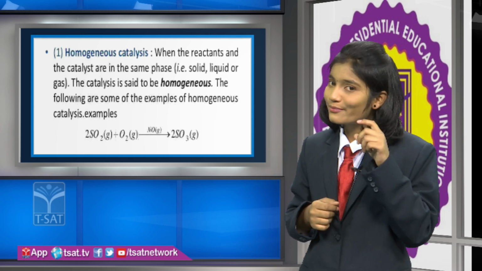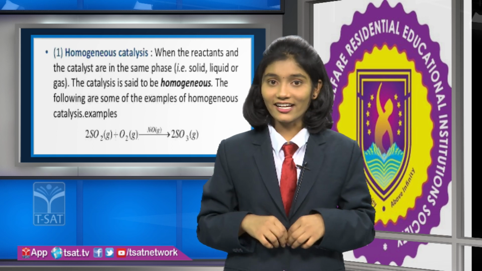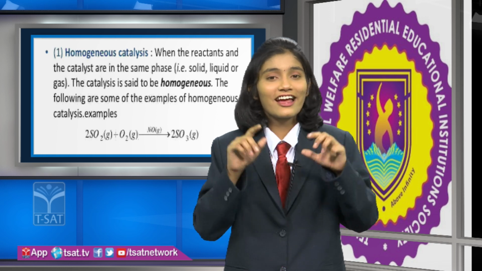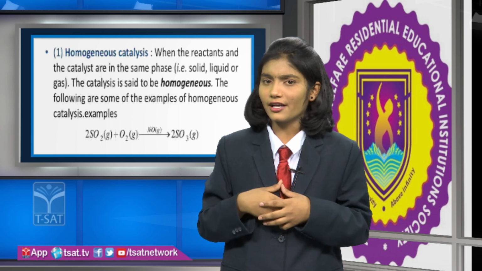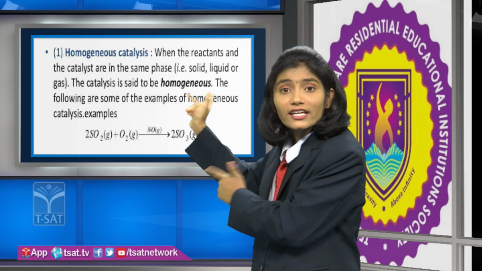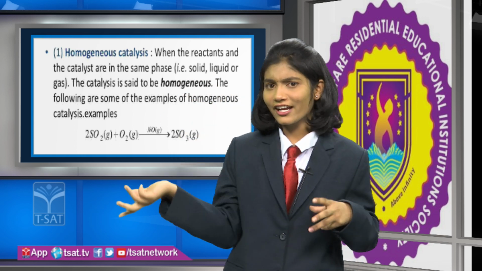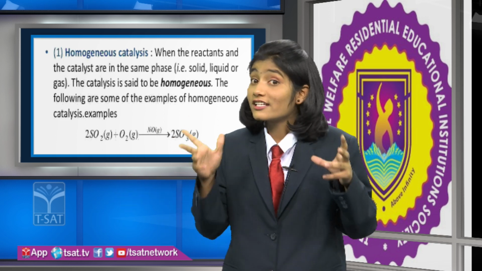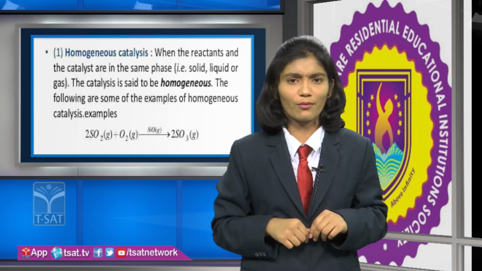For better understanding, consider when sulfur dioxide is reacted with oxygen in the presence of catalyst nitric oxide to give sulfur trioxide. Here friends, what are the reactants in this reaction? They are sulfur dioxide and oxygen, isn't it? What is the phase of that? They are in gaseous form, right?